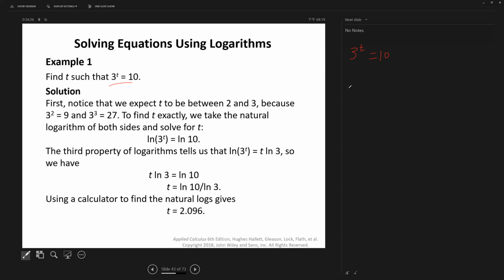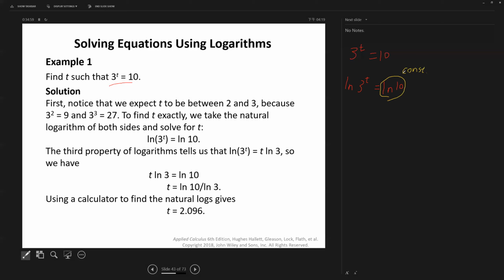First things first, we're going to apply the natural log on both sides. So ln of 3 to the power of t is equal to ln of 10. Now, keep in mind that ln of 10 is just some number. You can type that into the calculator and it will give you a number back. So ln of 10 is a constant, and we're not going to worry too much about it.